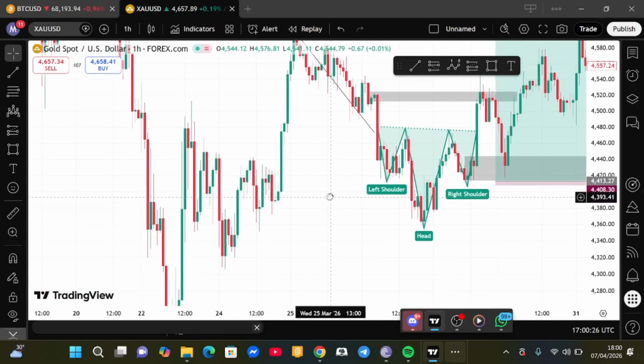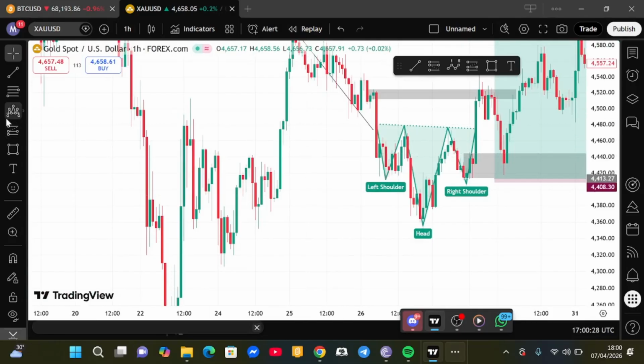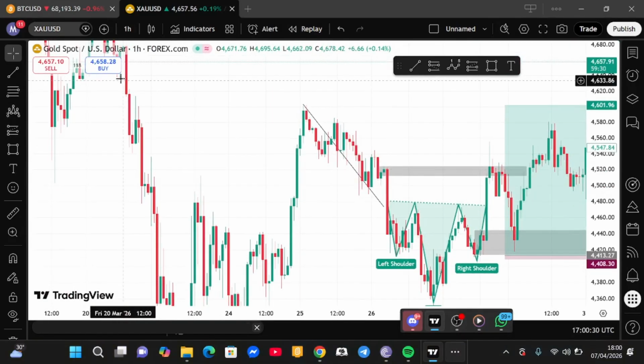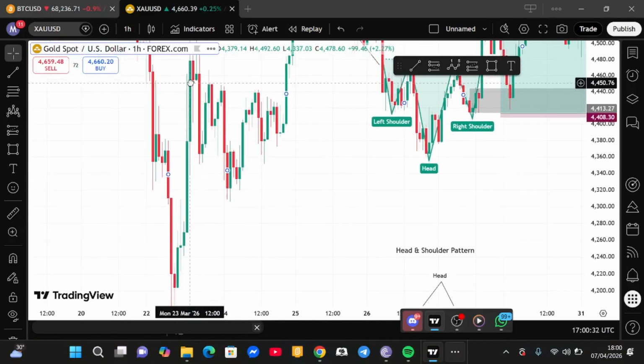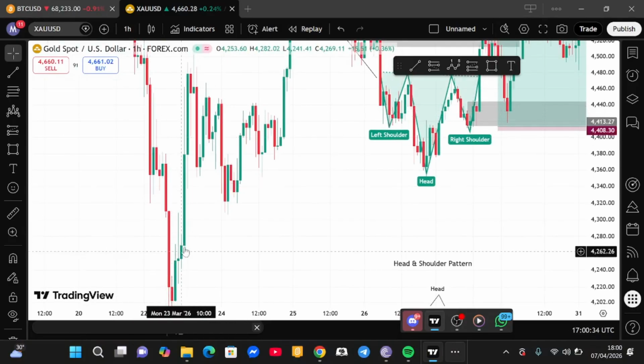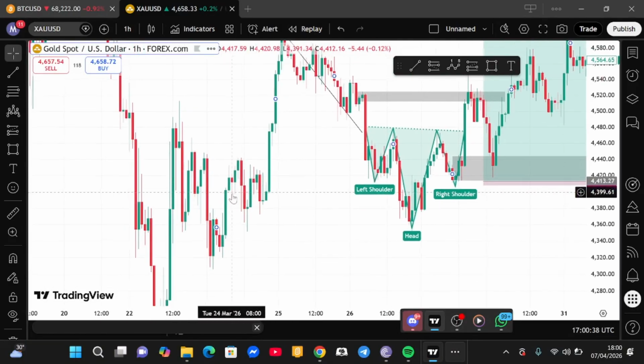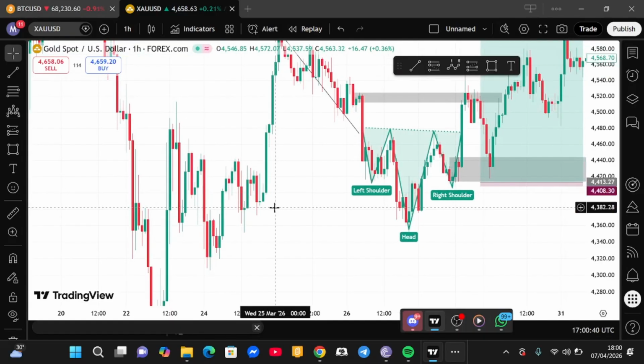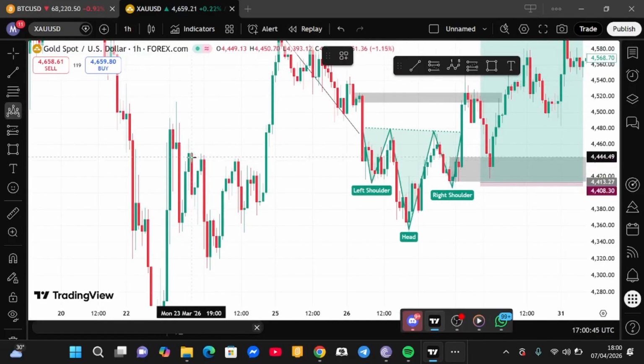Let's see. Okay, I can see another one here. Now we see the market coming down from a downtrend, the market pulled up at this point, but I can see a clear inverse head and shoulder at this point.